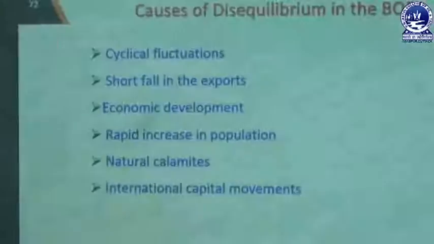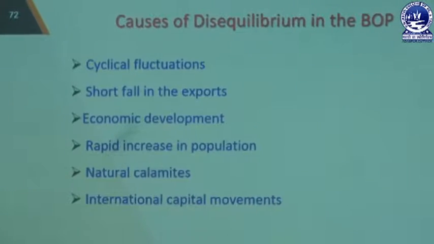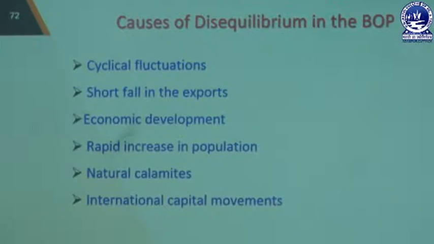Next is economic development, or rapid economic development. When a country's economic development happens rapidly, there are changes in the import and export of goods that may cause inflation, and that may cause exchange rate appreciation and depreciation, and that may cause disequilibrium of balance of payment.